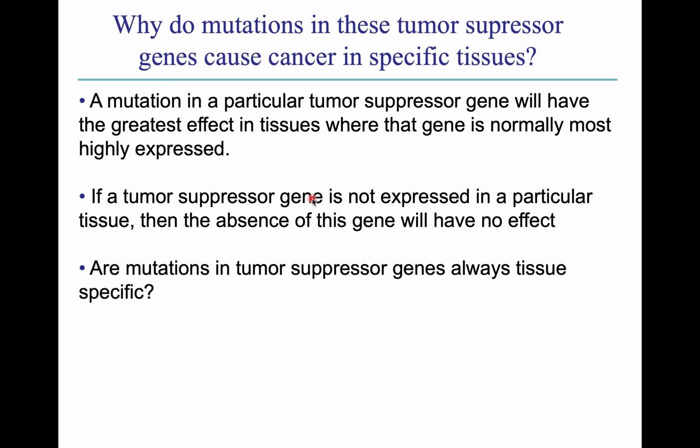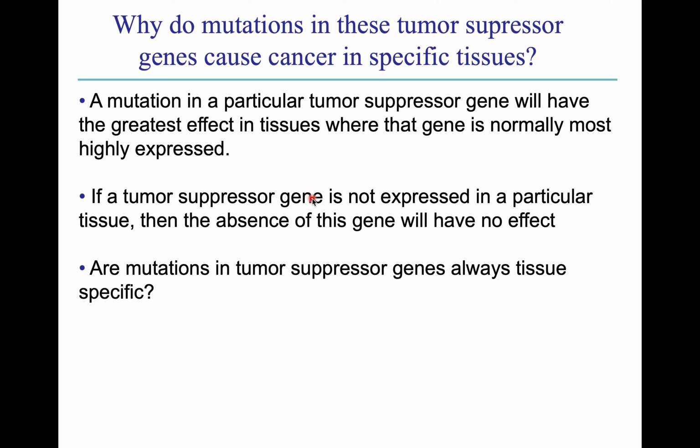Not exclusively, but primarily. And really it all comes down to where these tumor suppressor genes are most highly expressed in the body. So you can imagine, if a tumor suppressor gene is not being expressed at all, not being transcribed and translated in some tissue in your body, then it doesn't really matter if it's mutated in that tissue, because it's just not doing anything there.